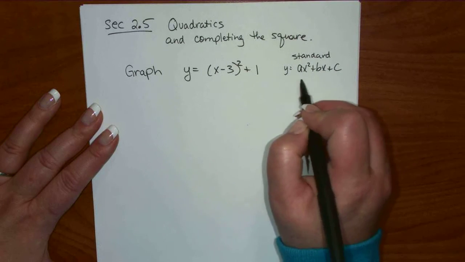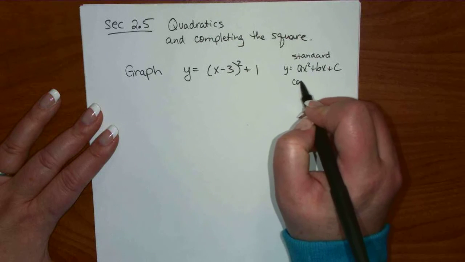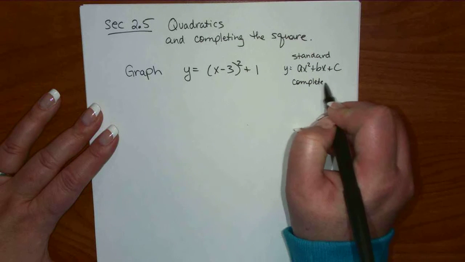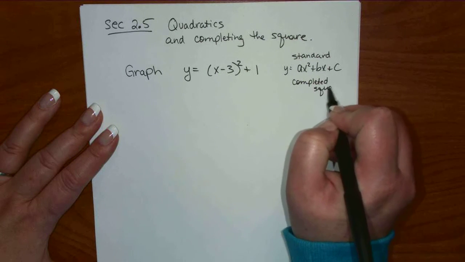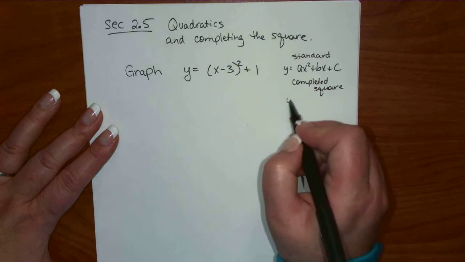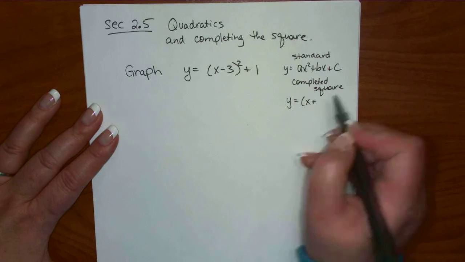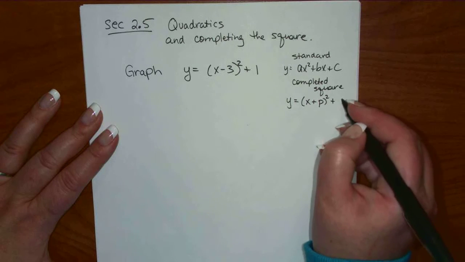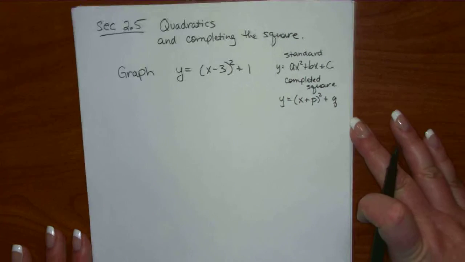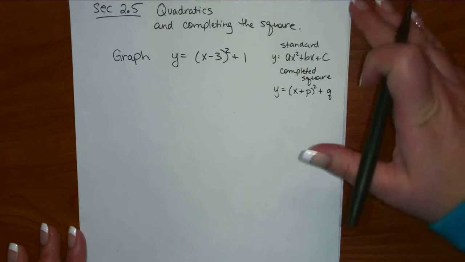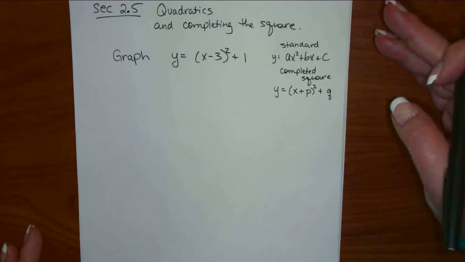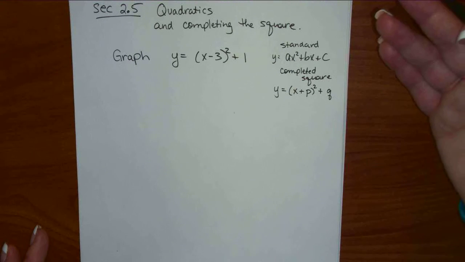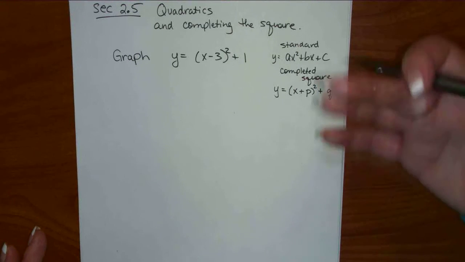And then this is the completed square form. So that is like x plus a number squared plus another number, okay? So something like that. So you can be given it in either form. It's just two different ways to write it, but they mean the same thing.